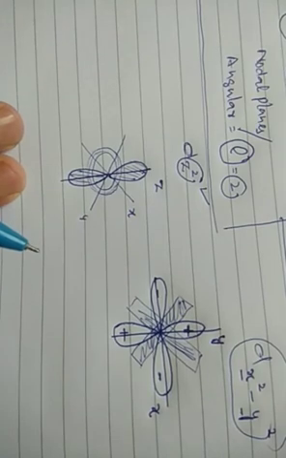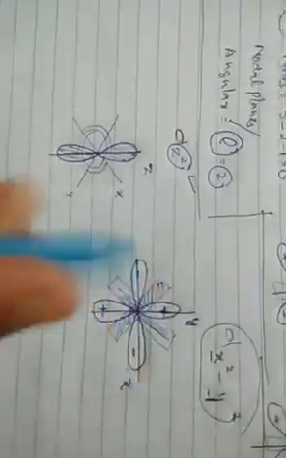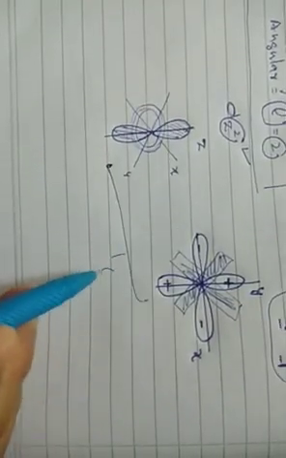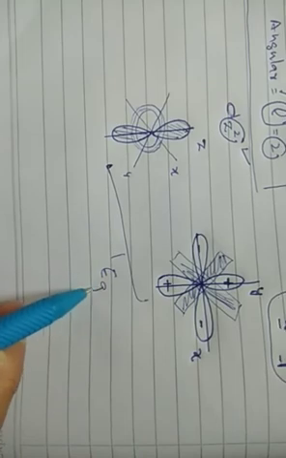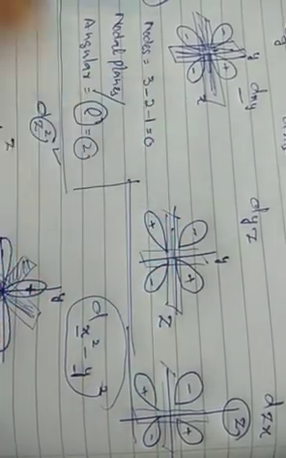So this is all about the dxy, dyz, and dzx orbitals, and then dx square minus y square. This set is also called the EG set in symmetry and group theory, and this is called the T2G set, this and this.